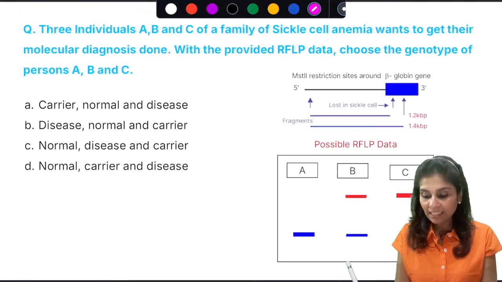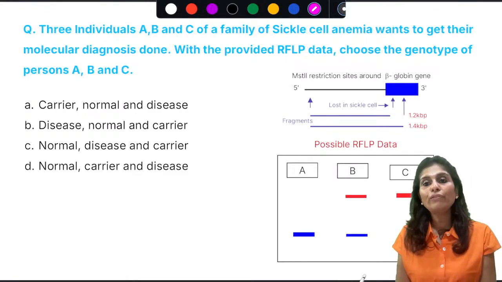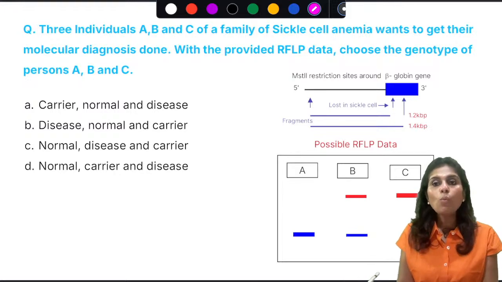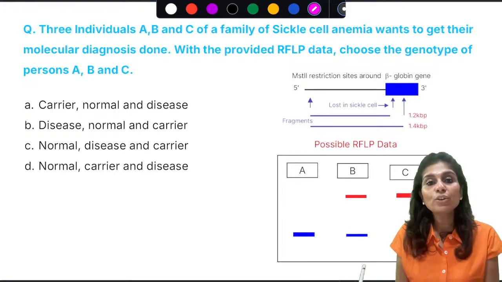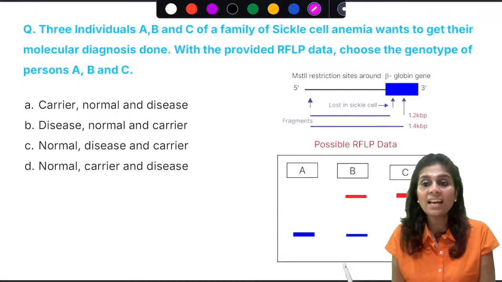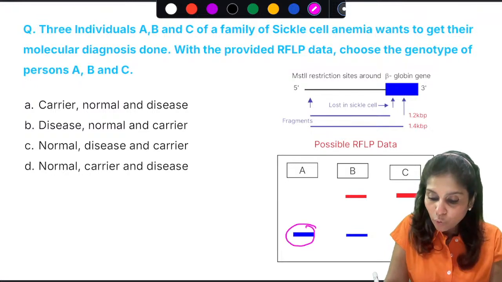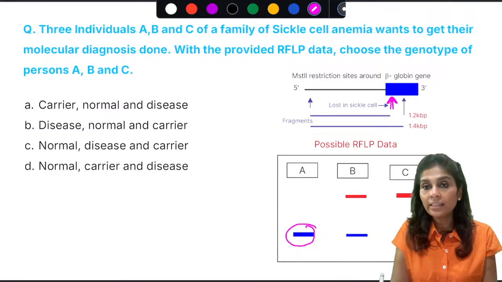Image-based question. Look at this. 3 individuals A, B, and C of a family of sickle cell anemia want to get their molecular diagnosis done. With the provided RFLP data, choose the genotype of persons A, B, and C. Okay. So for person A, they've given you the restriction site that is lost in sickle cell anemia.